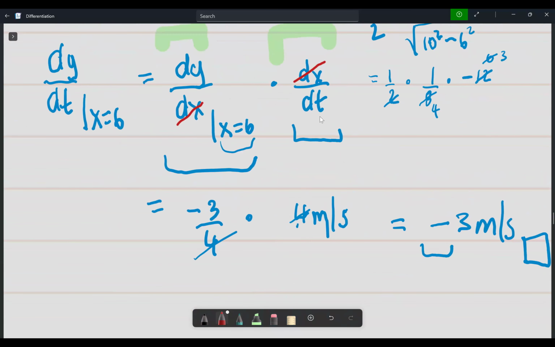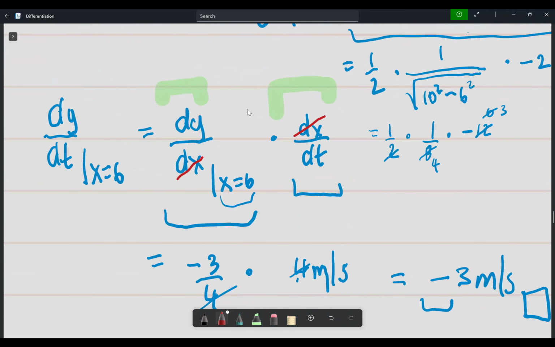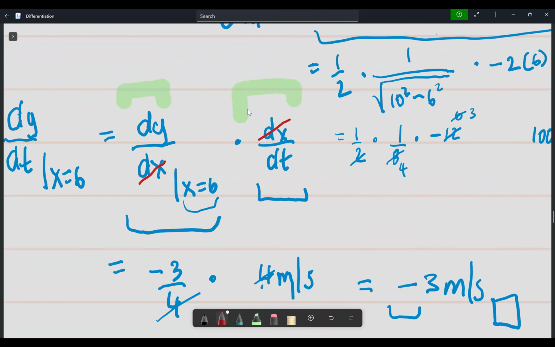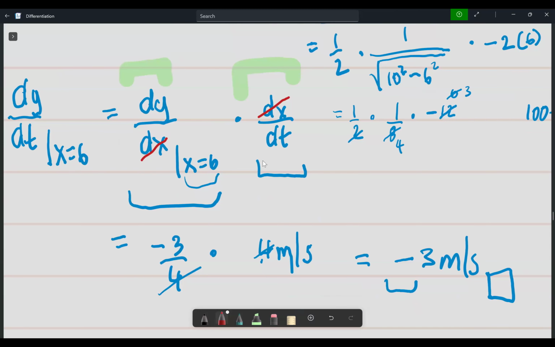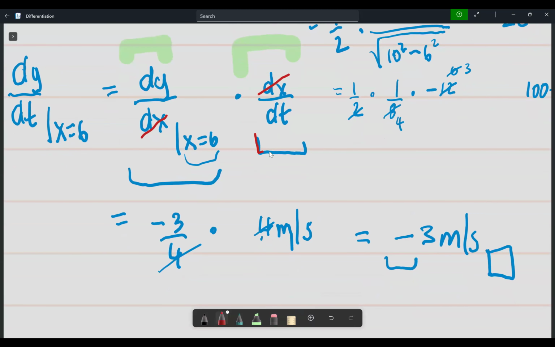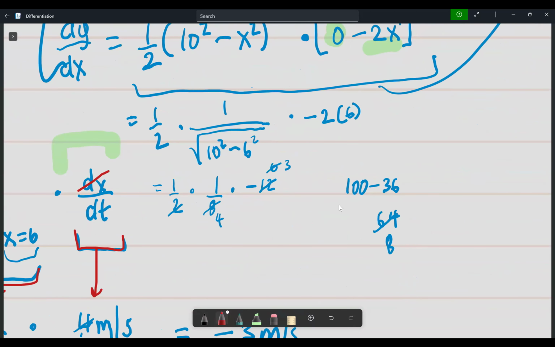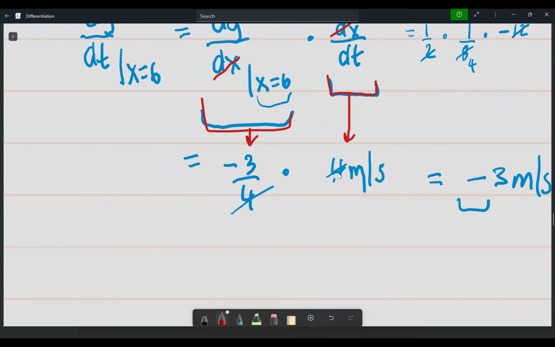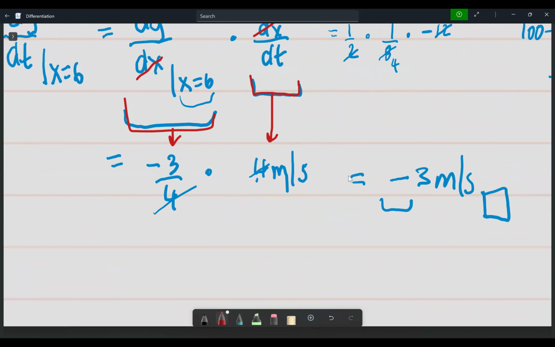So then we have dy dx, dx dt, right? This part was found to be 4. For dy dx, when we plugged in x in the math that we're doing over here, we got negative 3 over 4. We plug in our calculator, we get negative 3 meters per second.